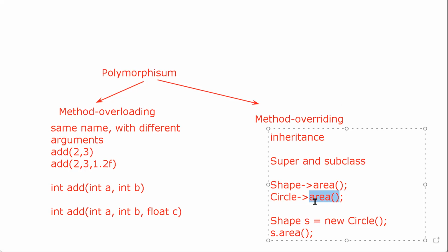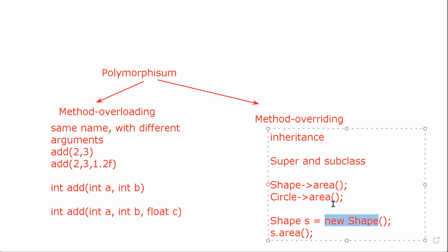So depending on the object which has been created, it will go to that class and call that class's method. Supposing instead of Circle it is Shape, which method will it call? Shape area or Circle area? See, new Shape I'm doing.